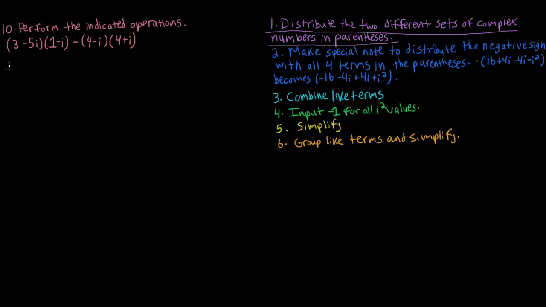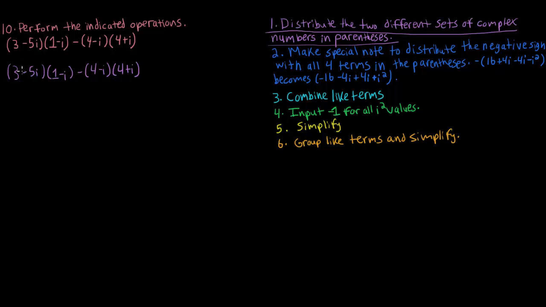So we can just rewrite everything. So you have 3 minus 5i in parentheses times 1 minus i in parentheses minus 4 minus i in parentheses times 4 plus i in parentheses.